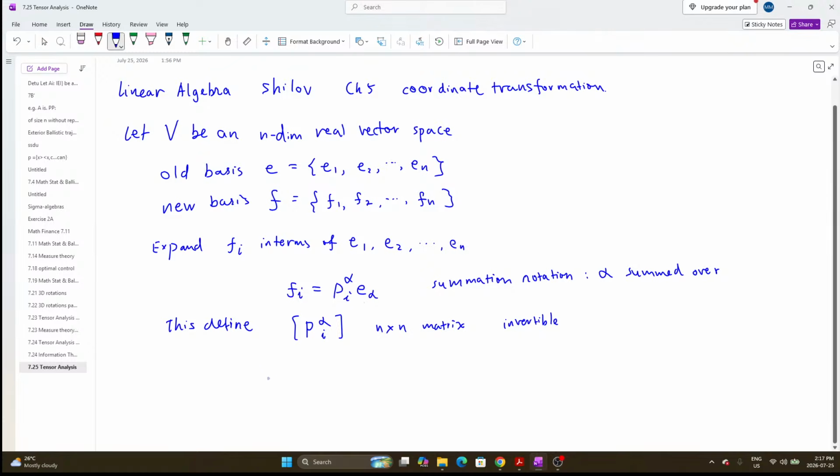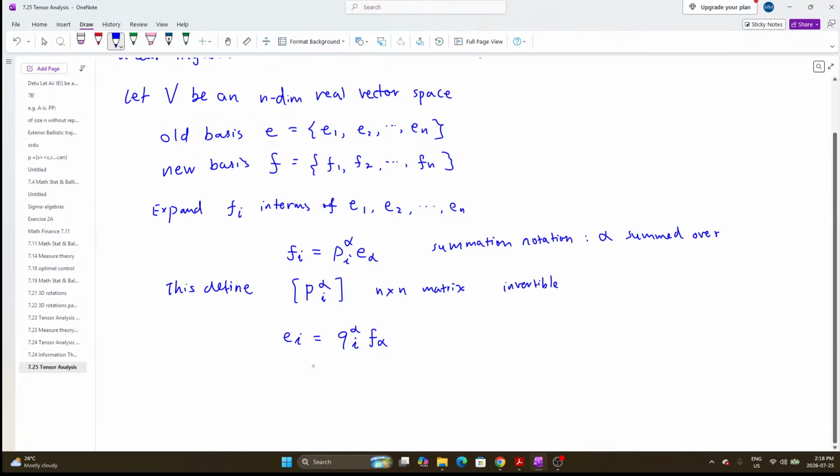Let's give it a name, Q. So E I equals F alpha, and then Q alpha I. This is the inverse matrix. And of course, the inverse matrix relation can be expressed in terms of Kronecker delta.